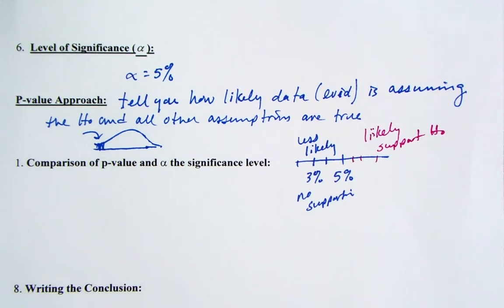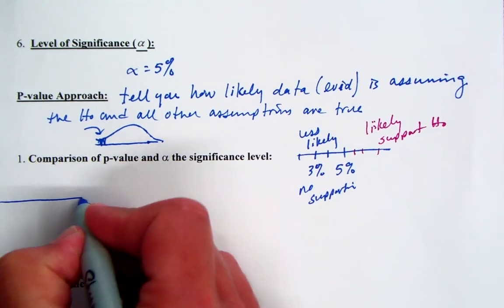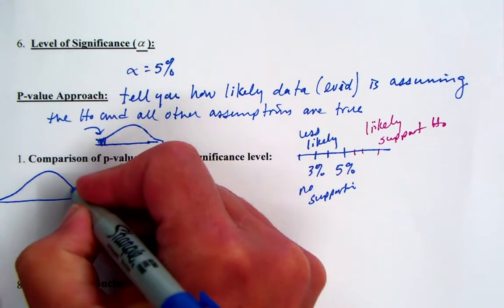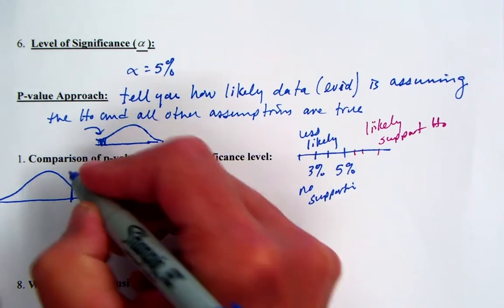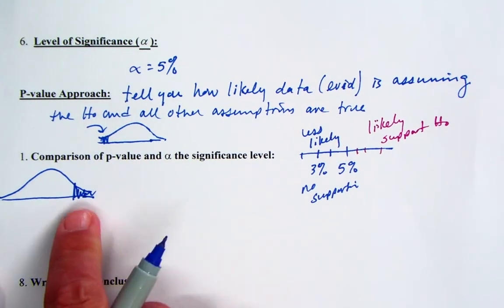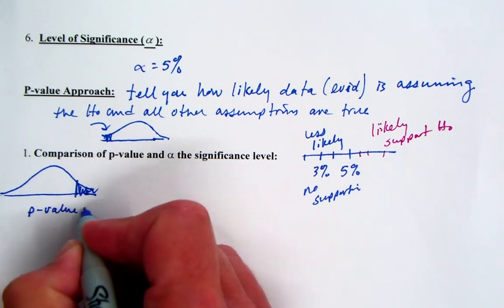So it all is based on this idea of a p-value. And so what's going to happen is this. You're going to find your z-score. You're going to look it up. Let's suppose my z-score lands here. I look it up in the table, and I'm measuring the space or the likeliness that I would land here. Let's suppose my p-value is 3%.